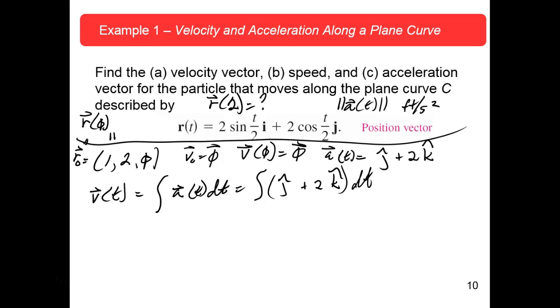So, what would your v of t be? I'm going to back off to give you a hint here. 0i plus j plus 2k. Is that not the same thing? Yeah. There's just no i, but I wrote one in. So what is your v of t then?